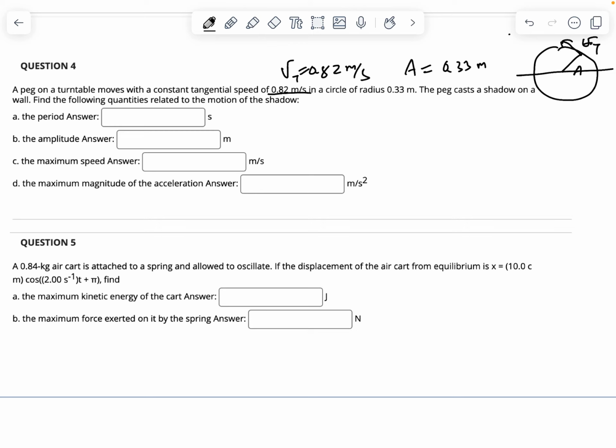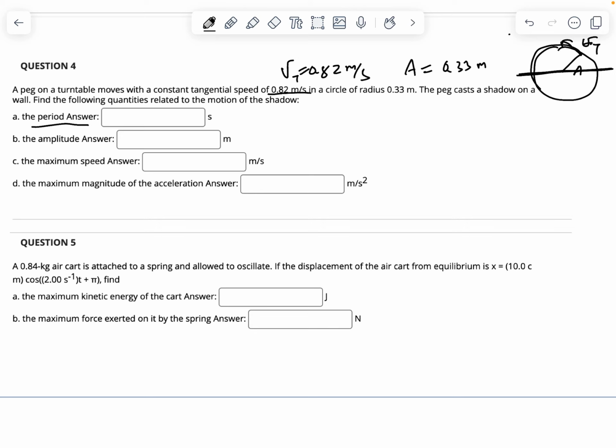So we know if you have uniform circular motion, then the shadow is simple harmonic motion. Let's see the period of the motion. Well, the period actually is the same.